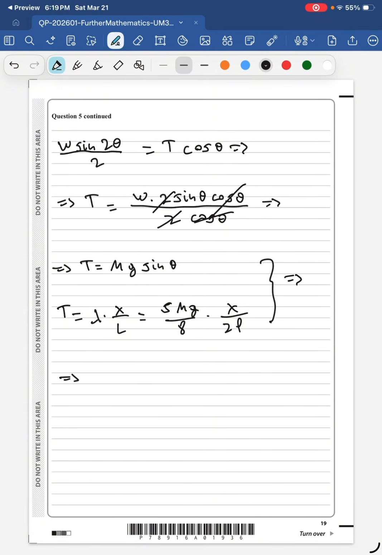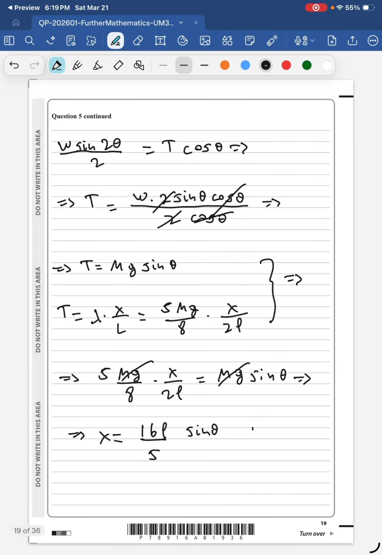So we have 5 mg over 8 times x over 2L is equal to mg sine of theta. mg cancels, and we find that x is 16L times sine of theta over 5. And let's call this equation 3.